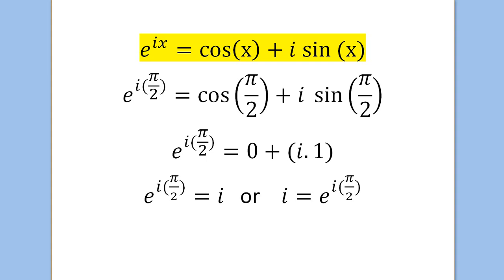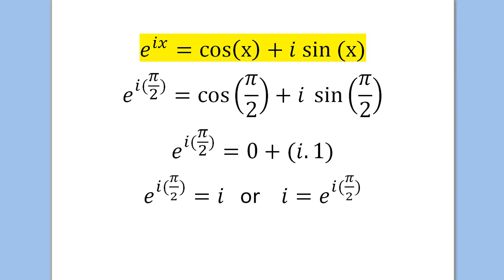So e to the i pi over 2 is equal to cos pi over 2 plus i sin pi over 2 by Euler's formula in yellow. We've just plugged in x equals pi over 2. Now you can go on your calculator and work out cos pi over 2 and sin pi over 2. Make sure you have radians selected as your unit, not degrees.